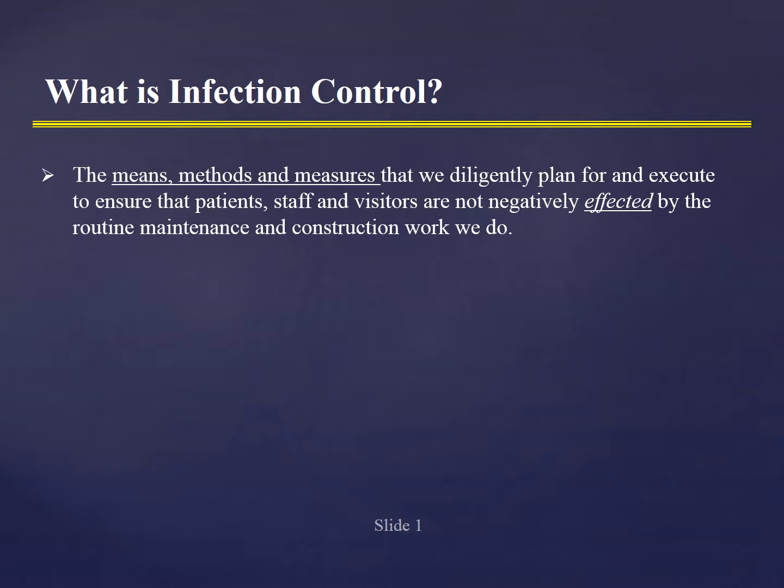The other part is the routine maintenance. We're going to spend quite a bit of time talking about that in this presentation. We've spent a lot of time talking about construction, but as stated in this definition, it's routine maintenance that we really need to continue to expand and work on for infection control.